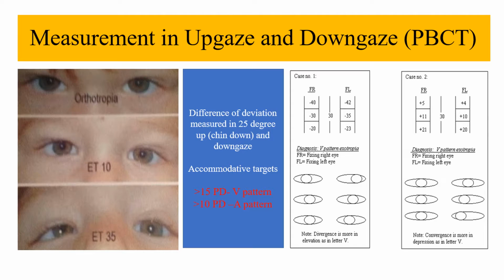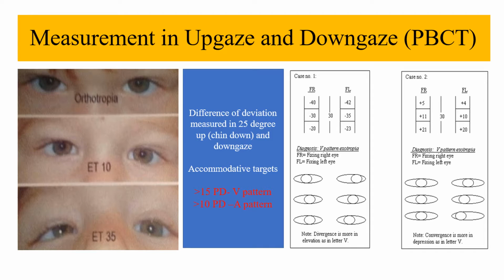Coming to the measurement, we do a measurement with an accommodative target both for distance and near, and if the patient has corrective glasses, you put those on. The difference of deviation is measured in 25-degree up gaze, that is chin down, or in the 25 to 35-degree down gaze.